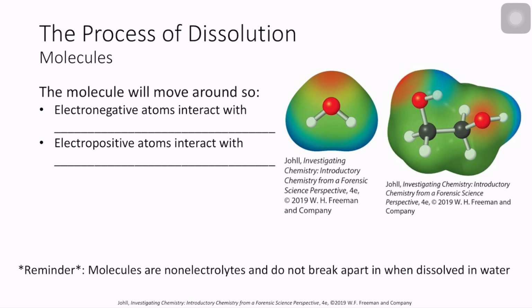So the electronegative atoms of your molecule are going to interact with the hydrogen in water, whereas the electropositive atoms are going to interact with the oxygen in the water. And you get this orientation where the water will completely surround whatever the solute particles are.